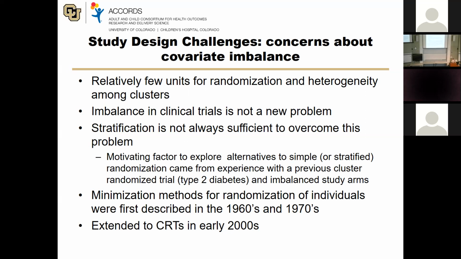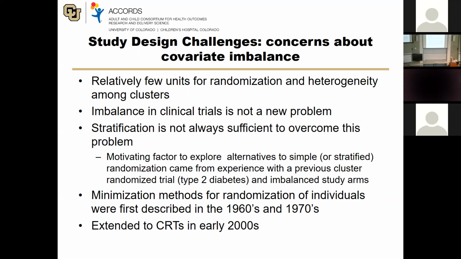Imbalance in clinical trials isn't a new problem, but there had not been a lot of methods at that time to deal with it. Stratification can be used, but it doesn't always overcome the problem. And one of the motivating factors for me particularly was a previous trial where we used stratification and had imbalanced study arms. So we're trying to avoid that.